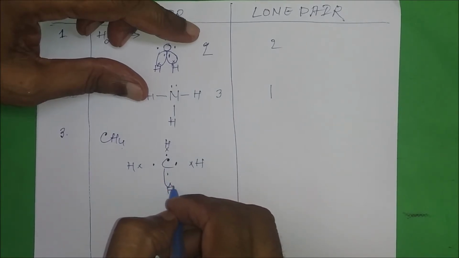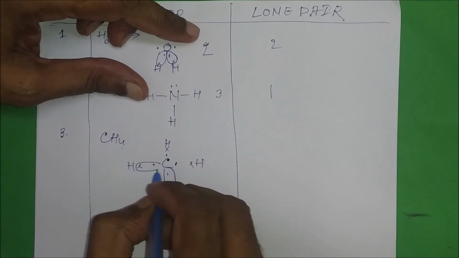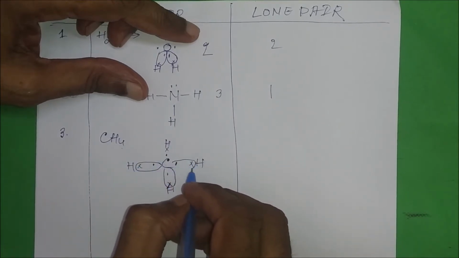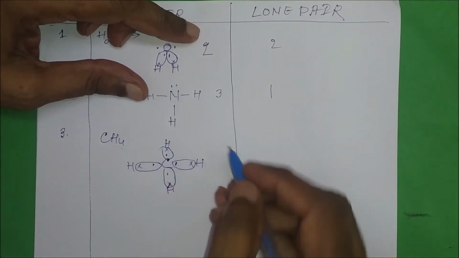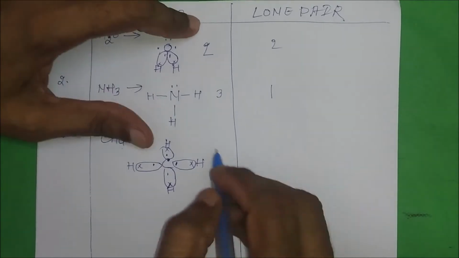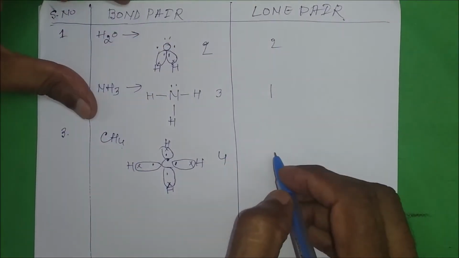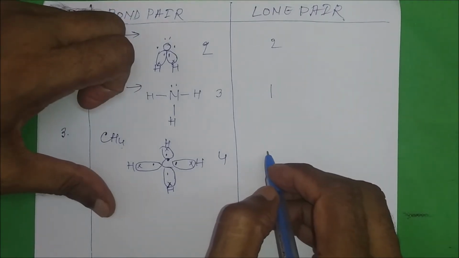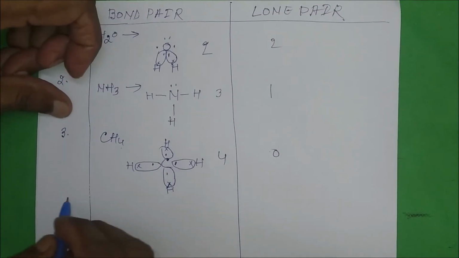Now these 2 combine, then these 2 combine, and form a pair. These are the bond pairs. So in this, 4 bond pairs are there, and lone pair is what? It is 0, because nothing is left behind.